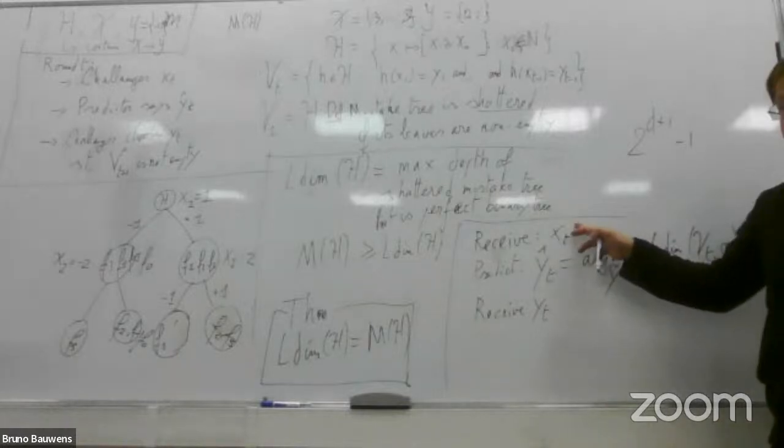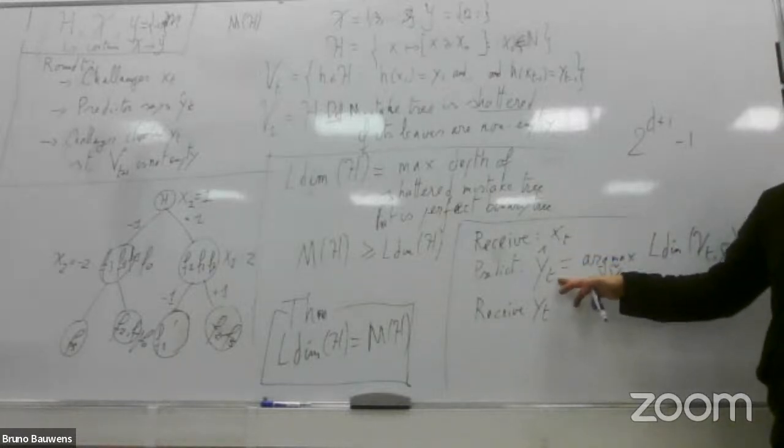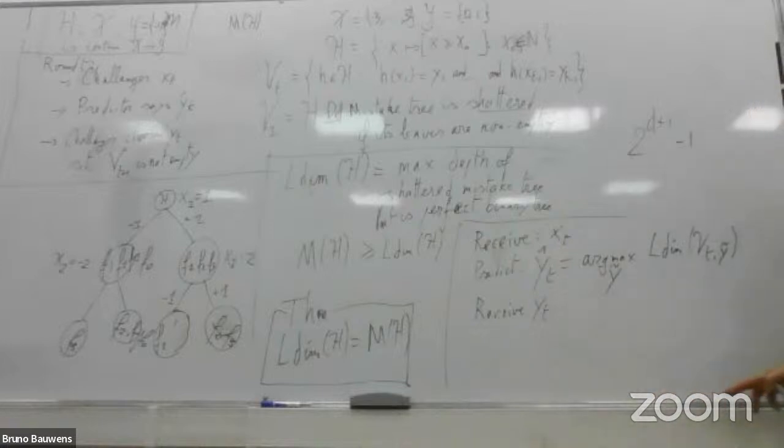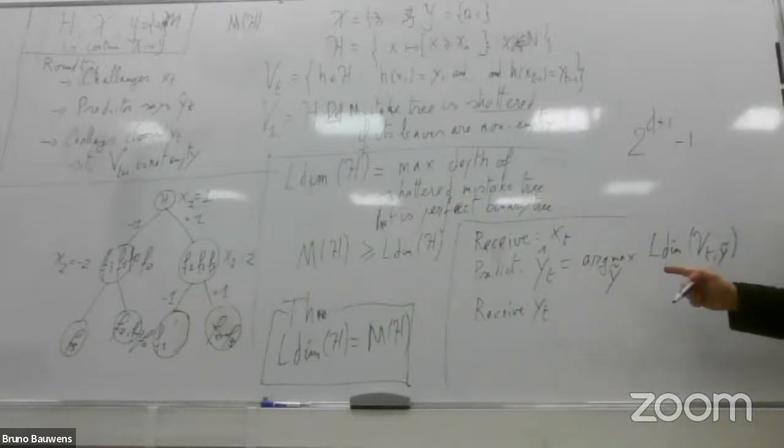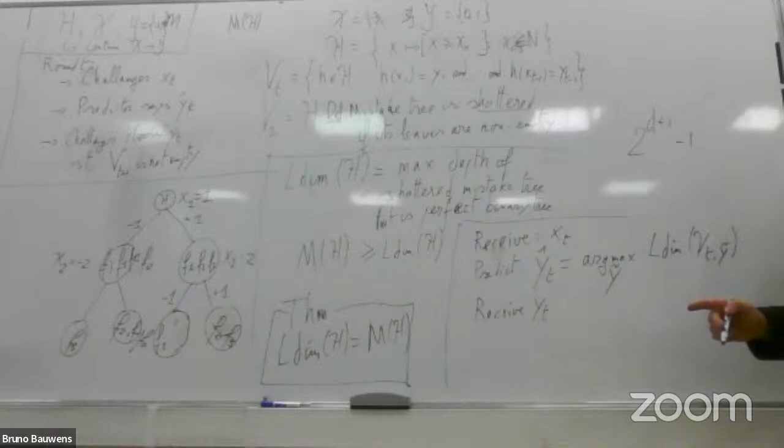We receive xt, we need to make a prediction y hat t, and we will look at both possible answers and assume that it's true. And we will look at the version space assuming y tilde is true. Argmax we will take. It will be clear in a second why we take argmax.